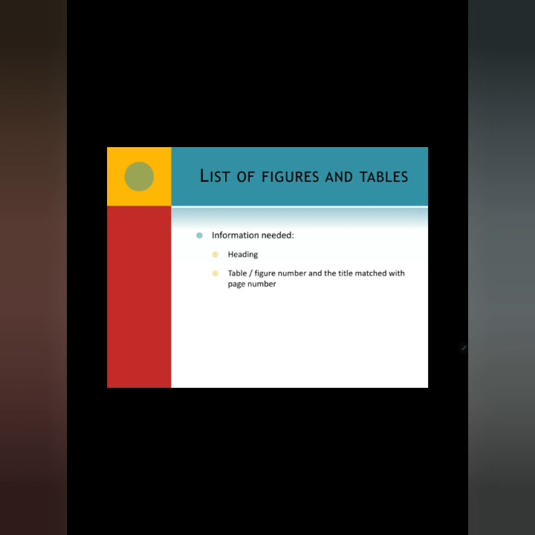The next part is the list of table and the list of figures. So if you have both figures and tables, you have to separate the list. One is list of figures and another one is list of tables. Make sure you have the headings, the numbers, the title, and the matching page numbers. I'll show you the example.